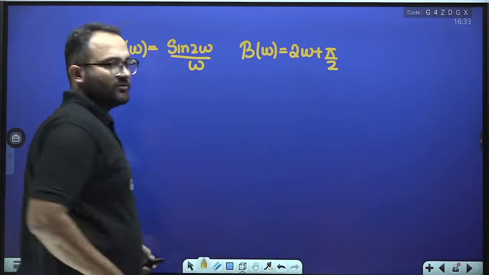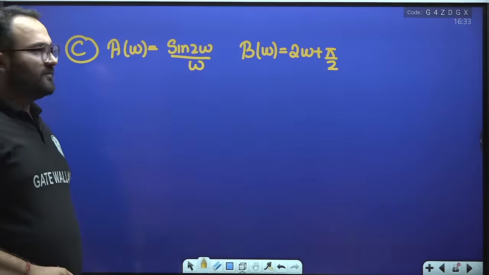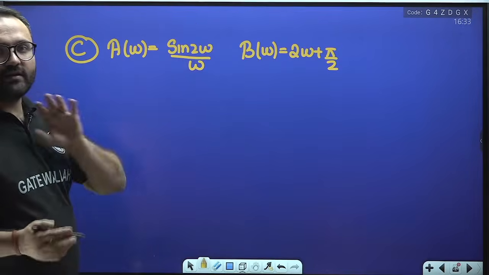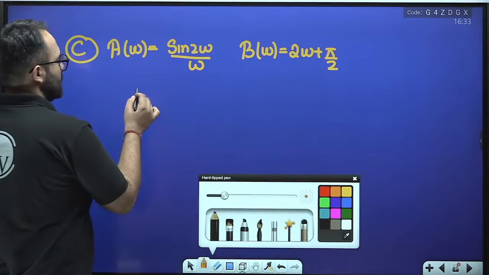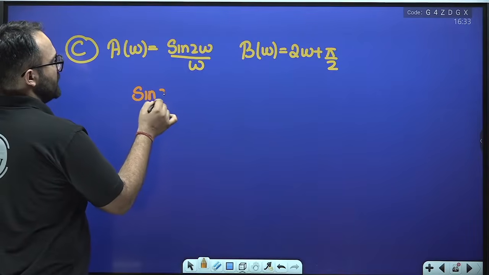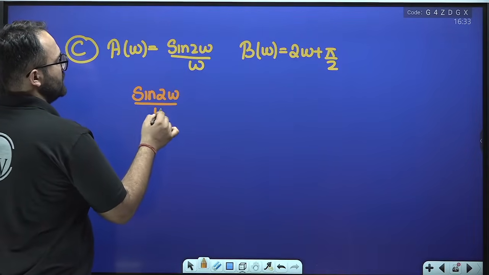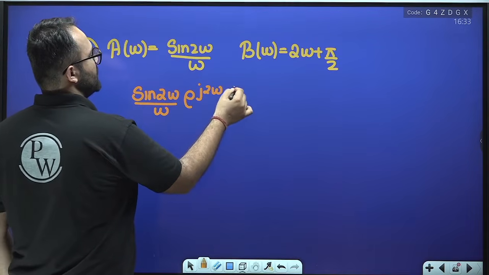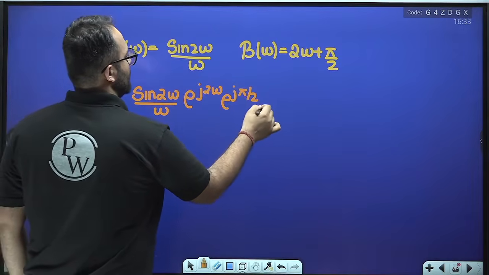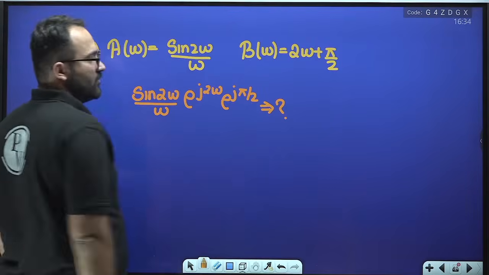So how to find out the result? So we know that whenever we have magnitude and phase, we can combine them and we can create the Fourier transform. So the Fourier transform will be sine of 2 omega upon omega, e to power j 2 omega, e to power j pi by 2. So we have to find out the time domain signal.